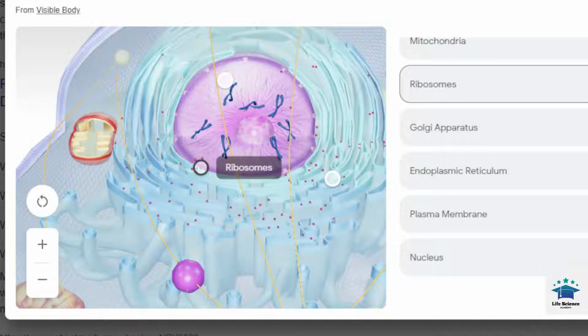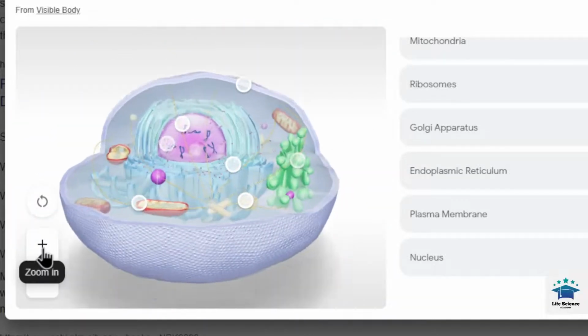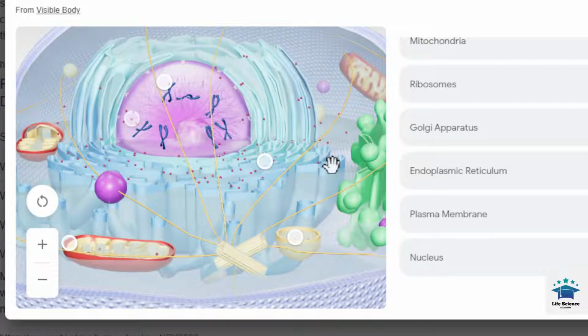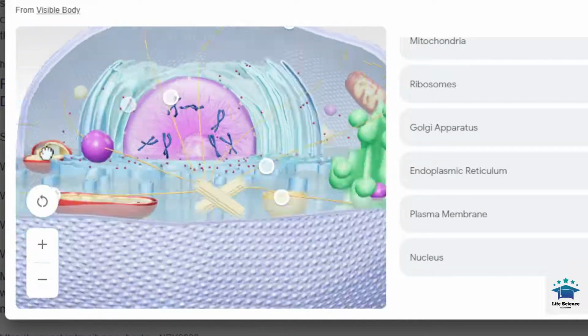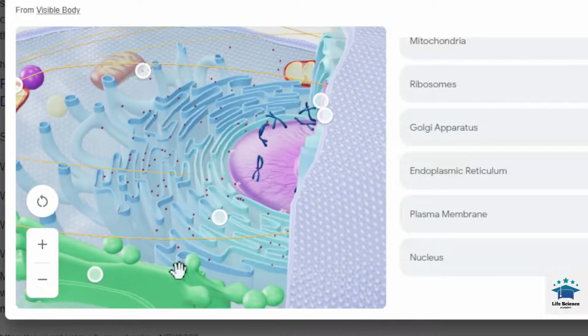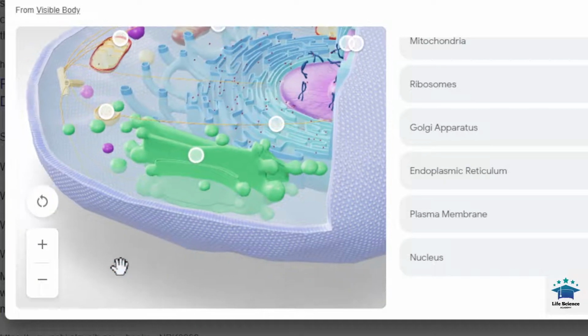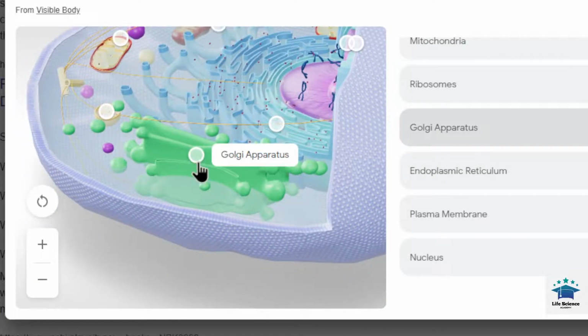After that, the Golgi apparatus. This is the Golgi apparatus.